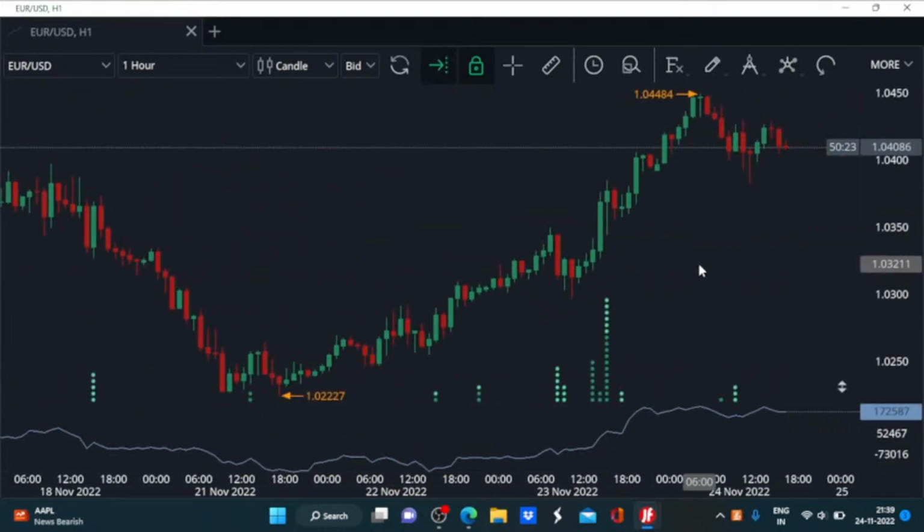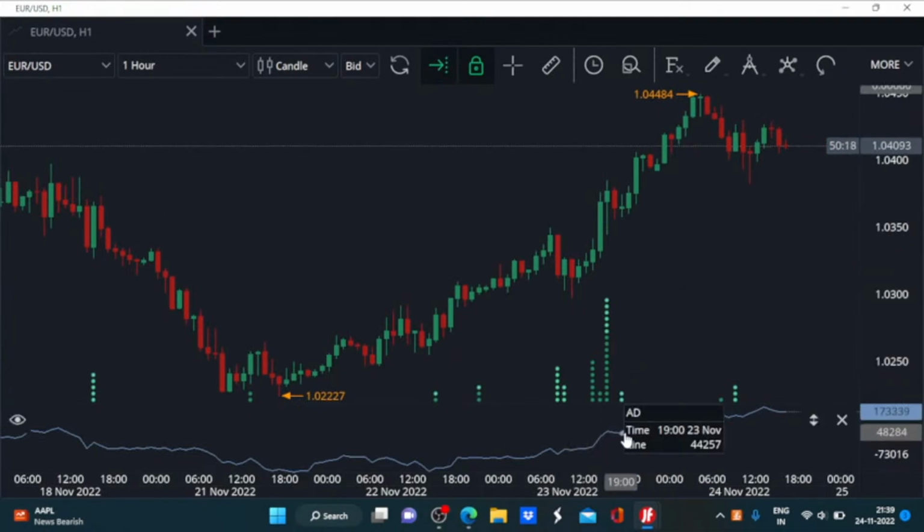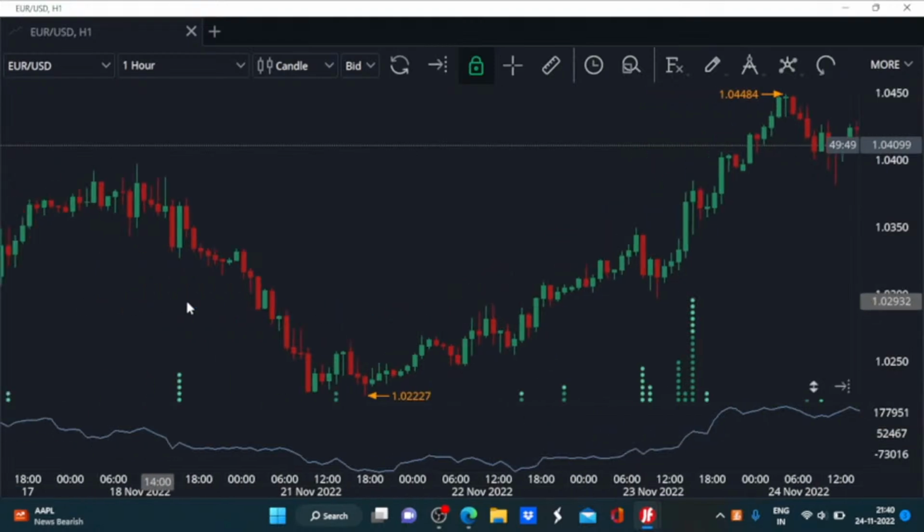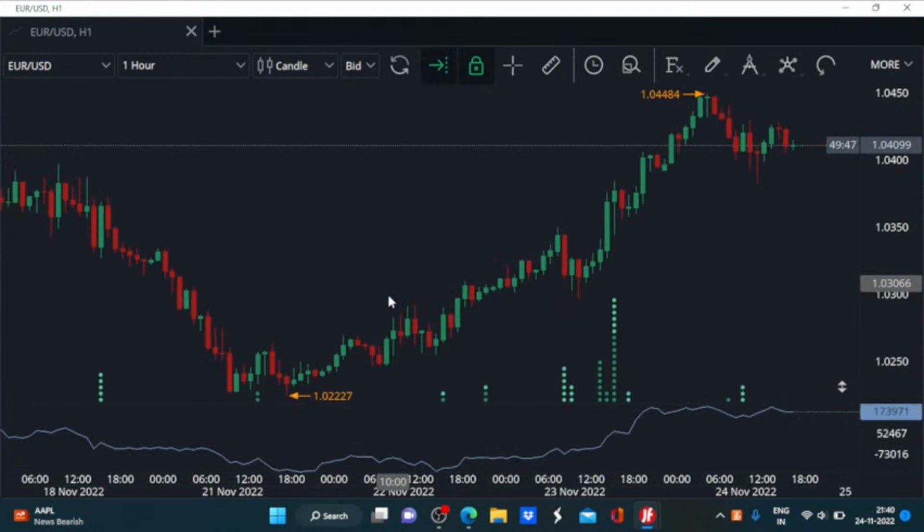So if you want to increase the frequency of the trades, you can even go for additional parameters, like the output value of the Chaikin accumulation distribution line being on the rise and in positive territory. That can also be an opportunity to start looking for buy trades. And if we have the output of the Chaikin accumulation distribution line on the negative side, then in that scenario also we can go for short selling opportunities. So this indicator works for both sides in a reasonable manner.